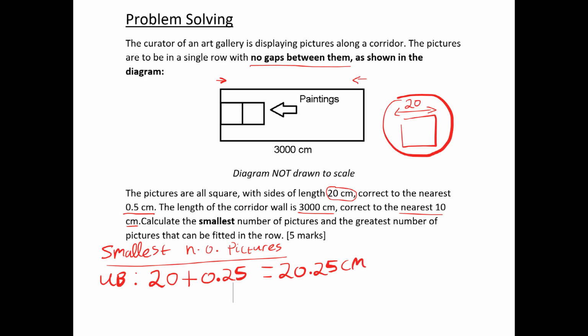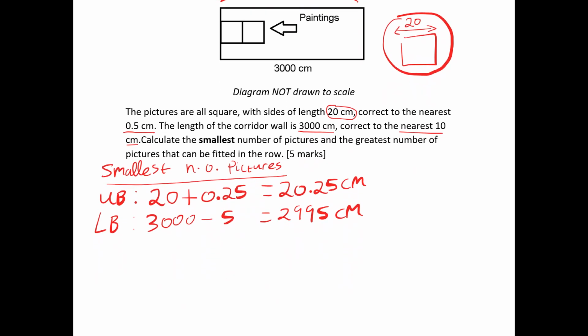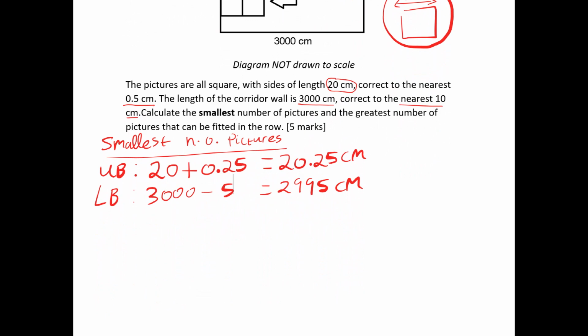The lower bound for the width of the corridor is going to be 3,000, take away half of 10, which is 5, so we get 2,995 centimeters.